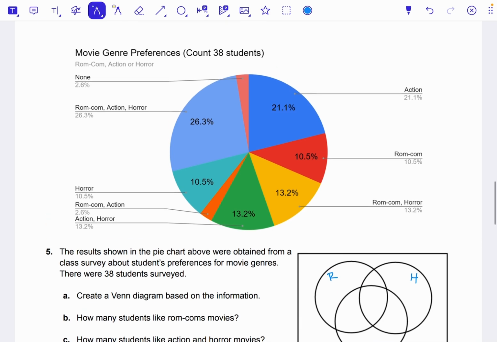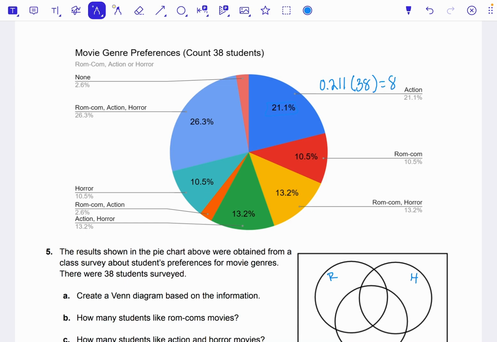Here I'm told that 21.1% of my 38 respondents said they liked action movies only. So in this case, I would have 0.211 of 38. When I multiply out those numbers, I get 8.